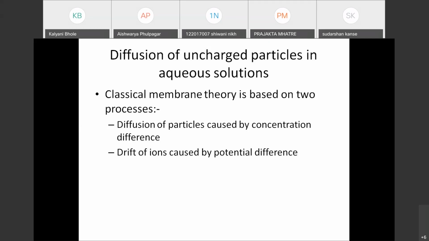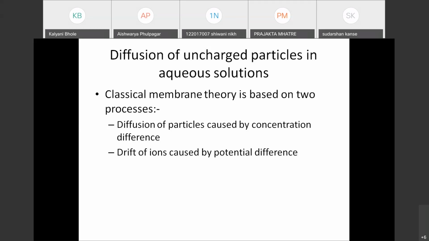Say by using some electrodes you apply a voltage; because of that voltage, ions will move, and that movement is called drift. So these are the two basic theories which are used to find our first equation.